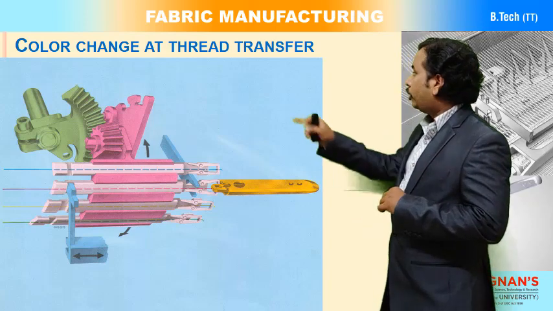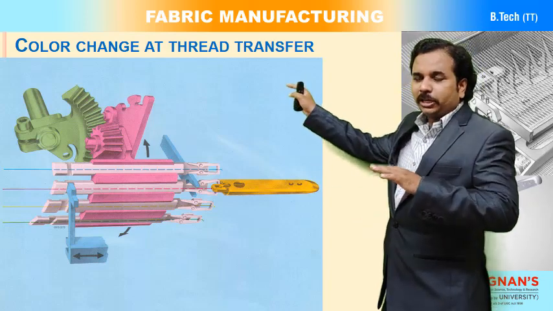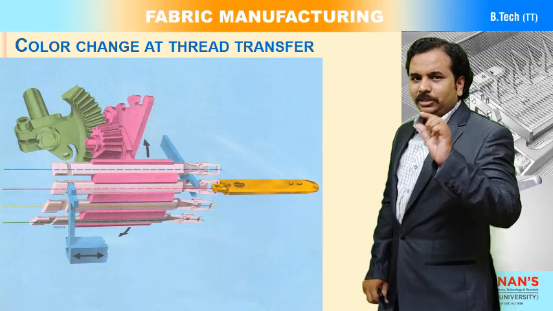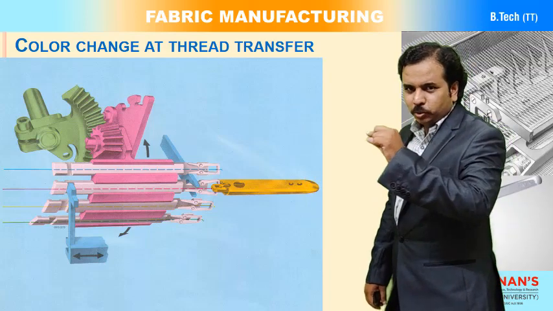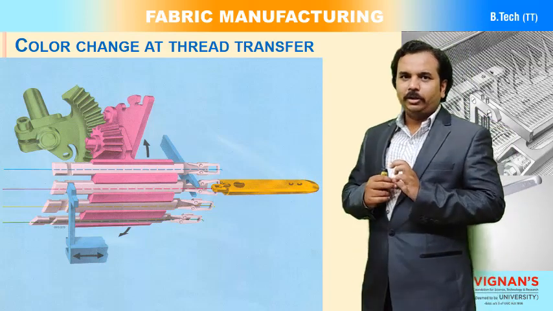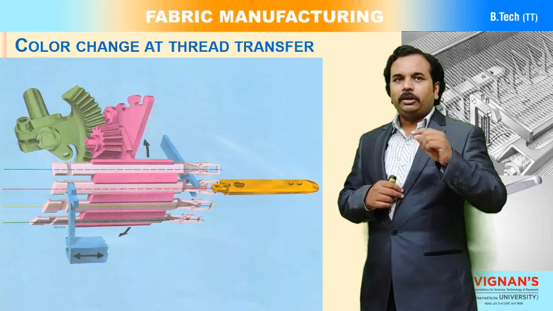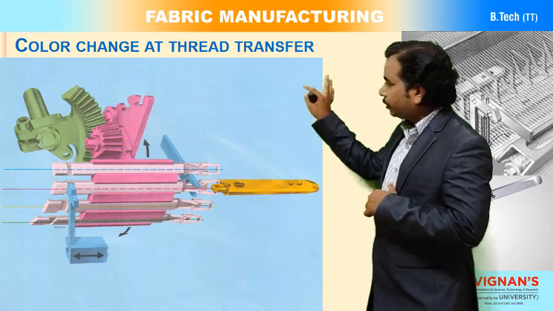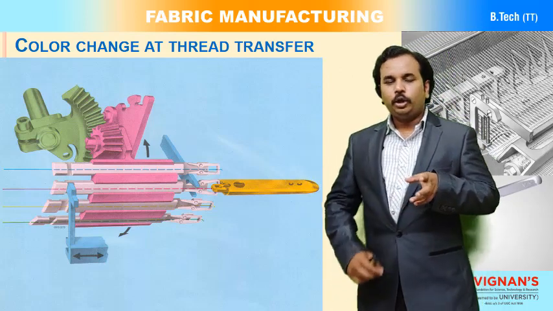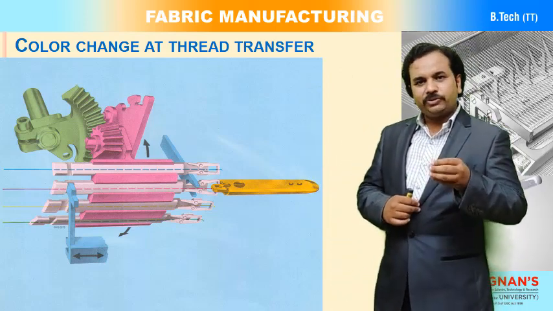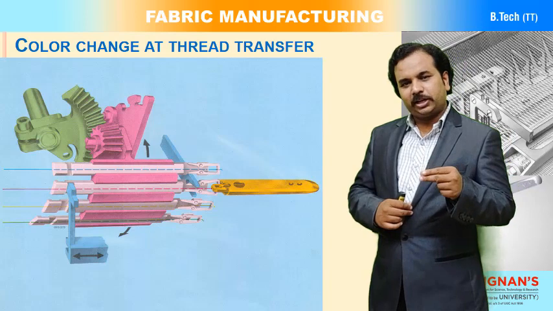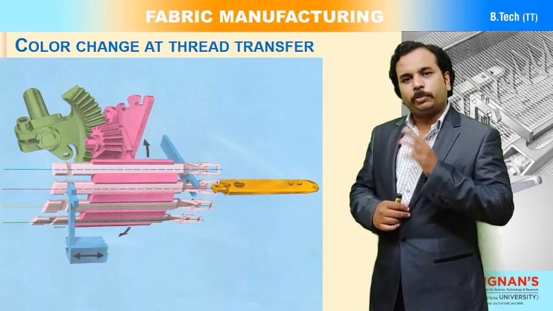For example, now the second weft color is selected and it is feeding into the projectile. There is a projectile feeder, and at the back side you can observe the projectile feeder opener. The second projectile feeder is feeding the weft onto the projectile.